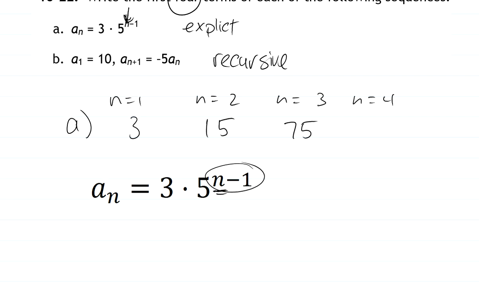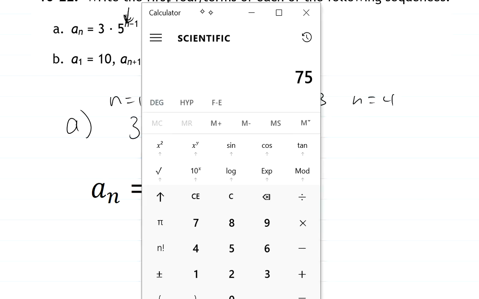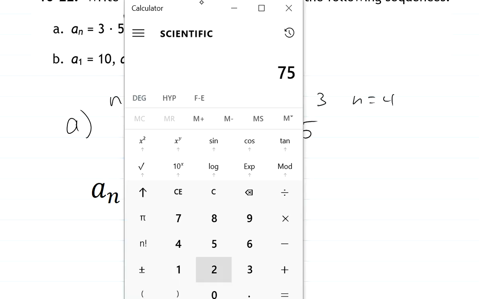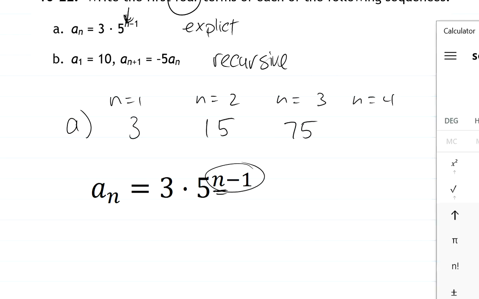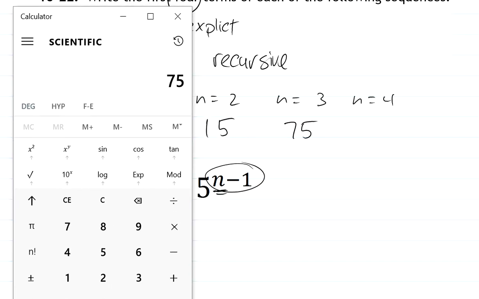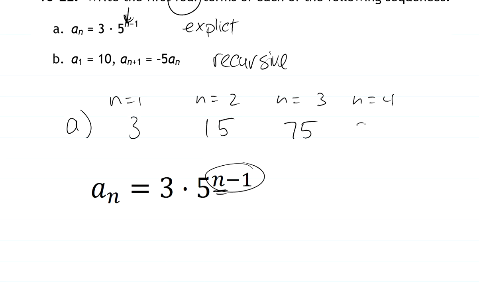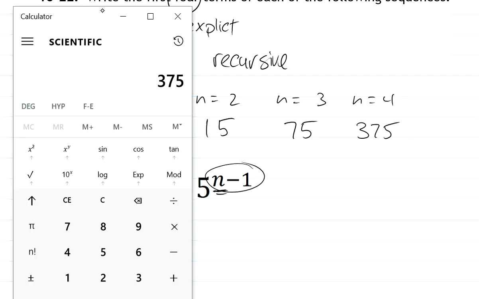And then one more time, I'm going to do 5 to the 4 minus 1, so 5 to the third. Or I could just take the last value, 75 times 5. 75 times 5 is 375. But also I could calculate that by just plugging in for n.